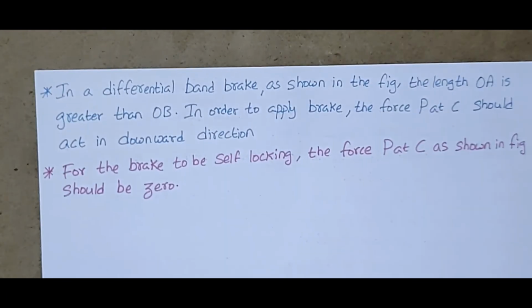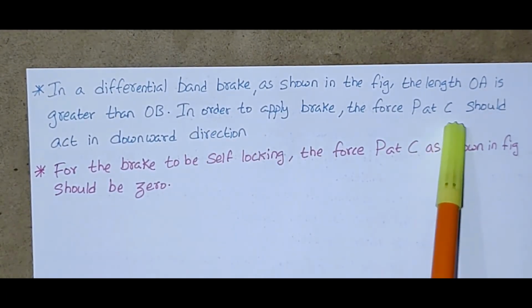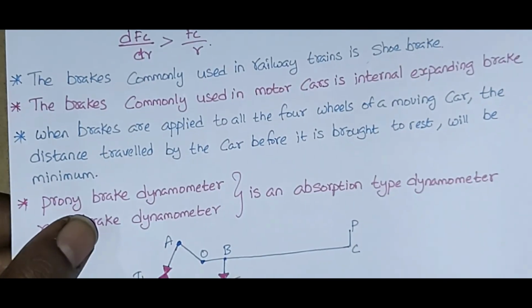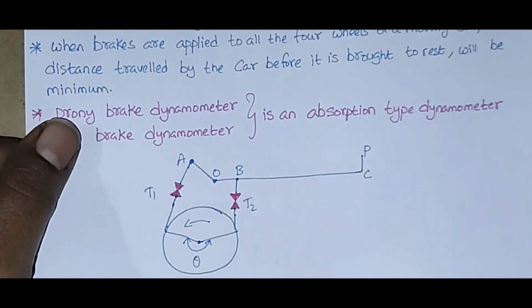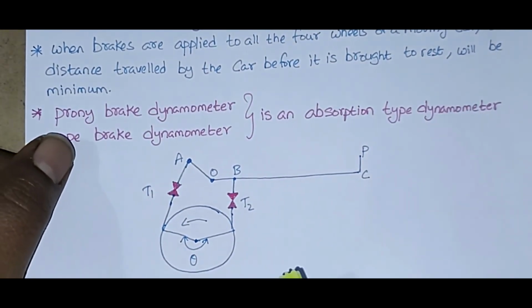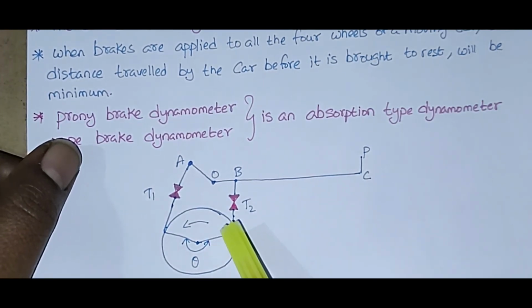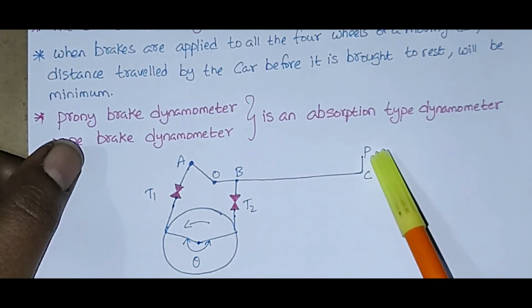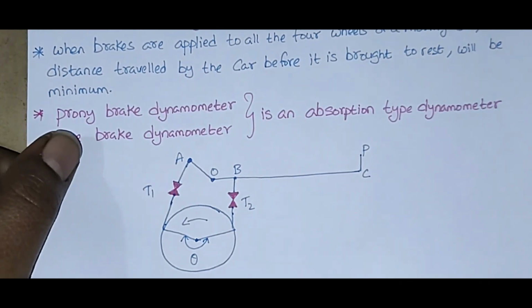In order to apply the brake, the force P at C should act in a downward direction. So this is a band brake system in which OA is greater than OB, but in order to apply the brake, the force P at C should be in the downward direction.